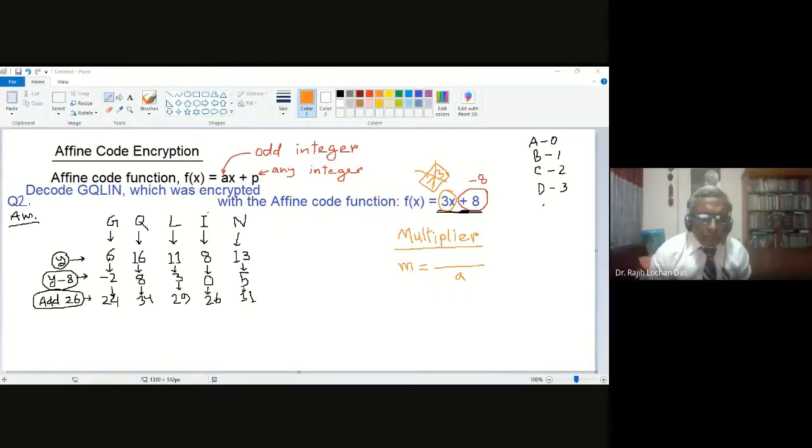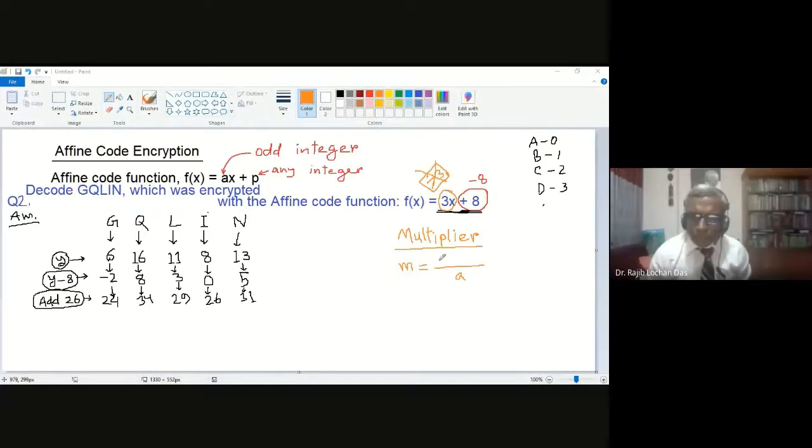So the multiplier is a number which will be found out by a calculation, and that is 26 into x plus 1 divided by a.